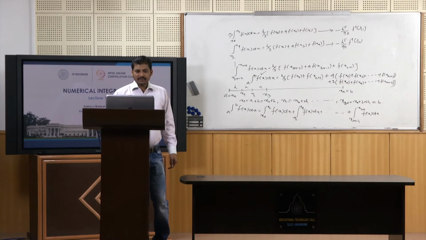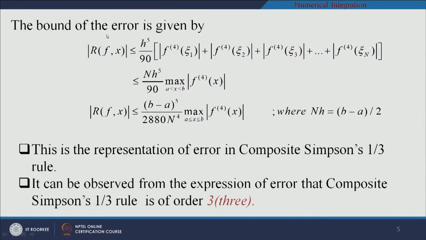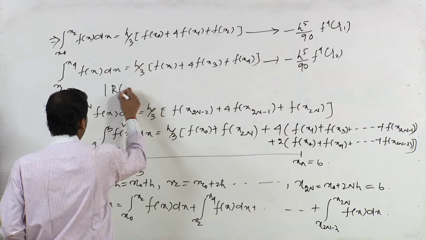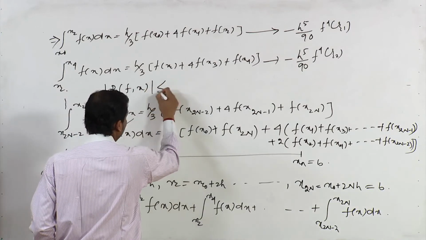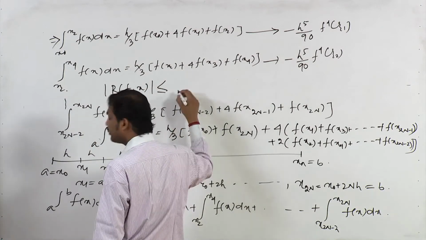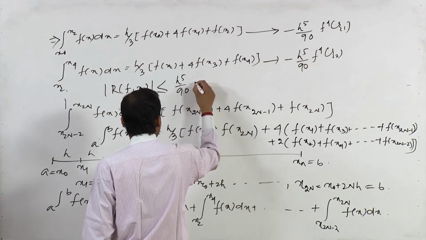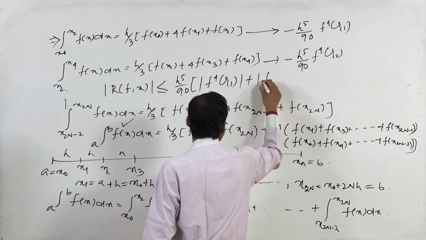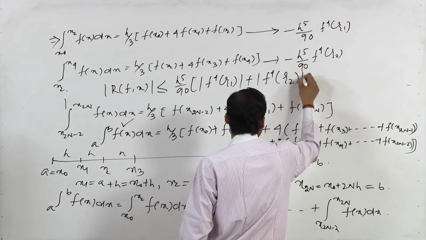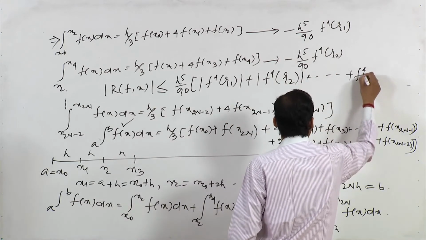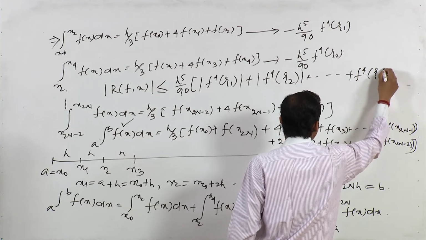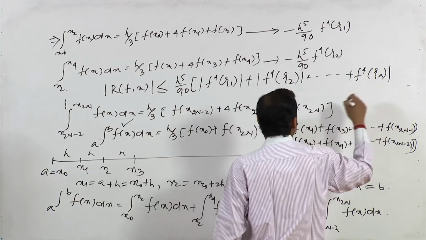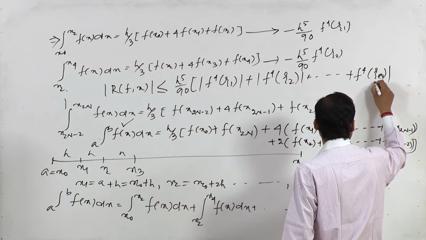And in composite form, the maximum bound of error, that is the absolute modulus of r of f of x, should be less than or equal to h to the power 5 by 90 times all the other terms, f to the power 4 of zeta 1, f to the power 4 of zeta 2, plus up to f to the power 4 of zeta n here. Or we can write n as 2n by 2.